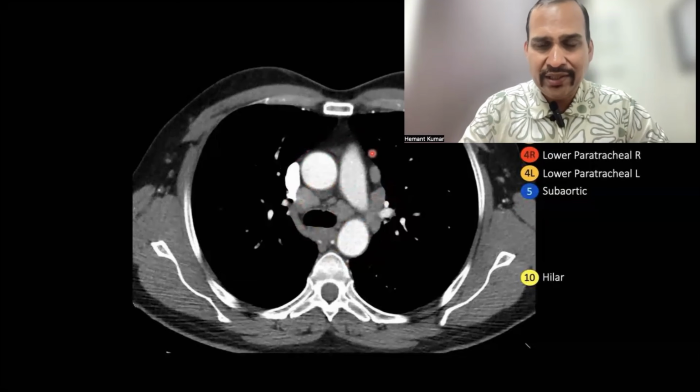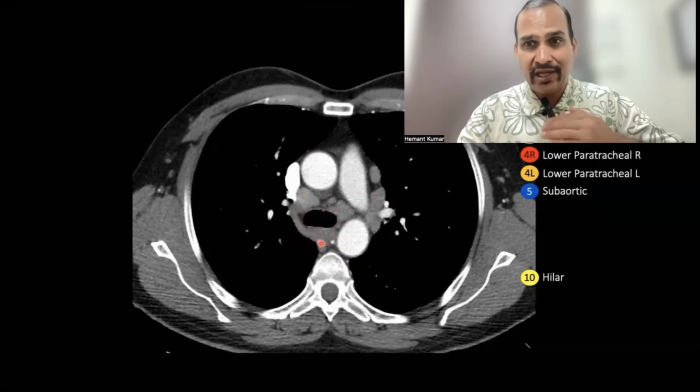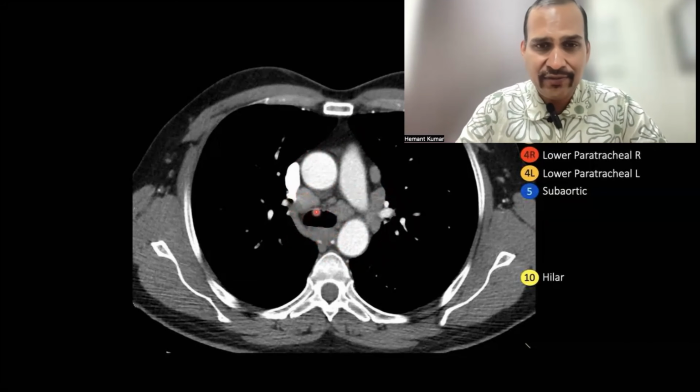So now in this diagram, you can see the lower part of the trachea just above the carina. This is 4R, 4L, and here is 3P. And what about these nodes? This is the pulmonary artery. This is the ascending aorta. This is the descending aorta.